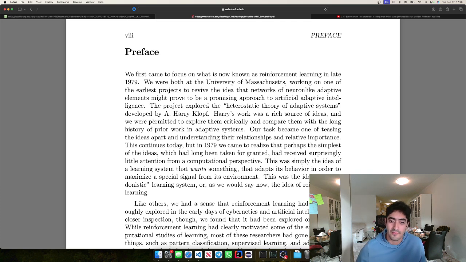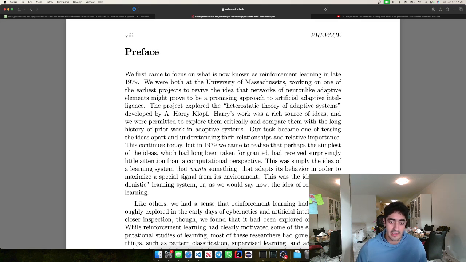The project explored the heterostatic theory of adaptive systems, developed by A. Harry Klopf. Harry's work was a rich source of ideas, and we were permitted to explore them critically and compare them with the long history of prior work in adaptive systems. Our task became one of teasing the ideas apart and understanding their relationships and relative importance.